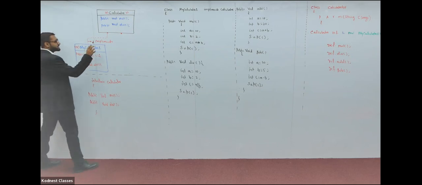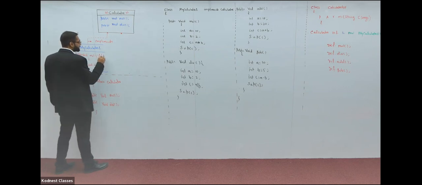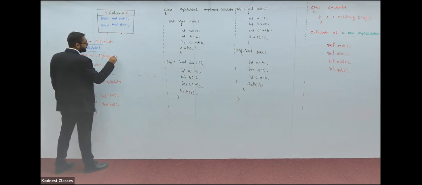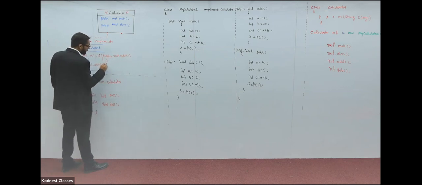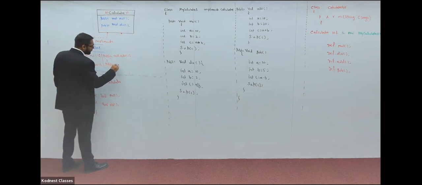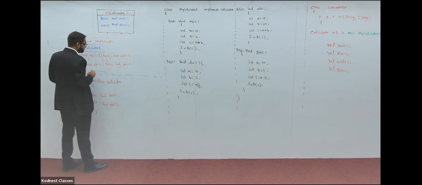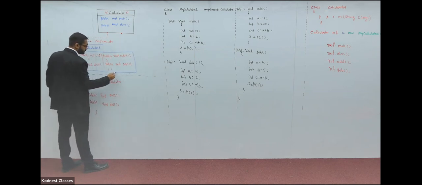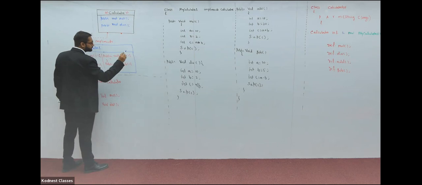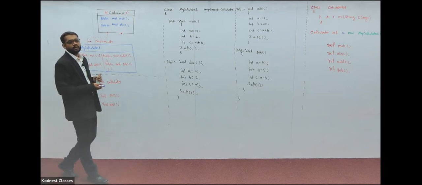Along with this, I have 2 more methods which I have written just now, which is public void add and public void sub. Can you have it? You have to carefully see.